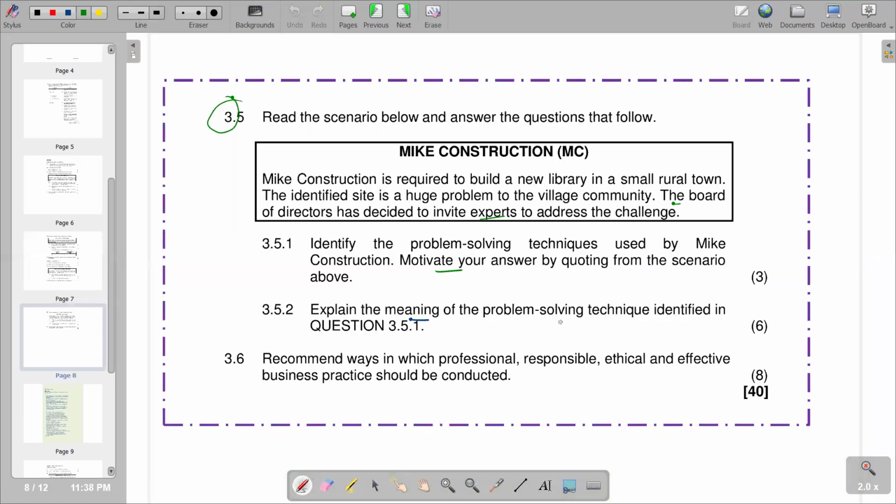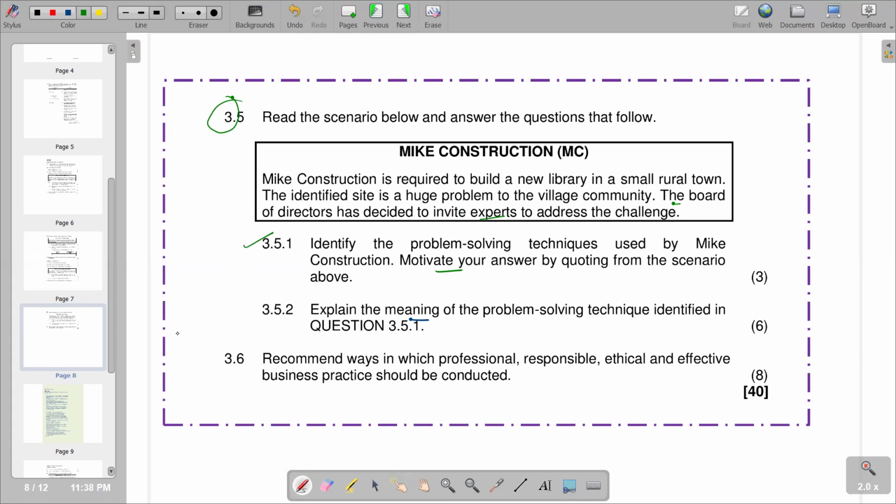Going to the next question, it reads, explain the meaning of the problem-solving technique identified in question 3.5.1. We've identified the Delphi technique, so the question needs us to explain the meaning or describe what a Delphi technique is, within the context of 3.5.1.